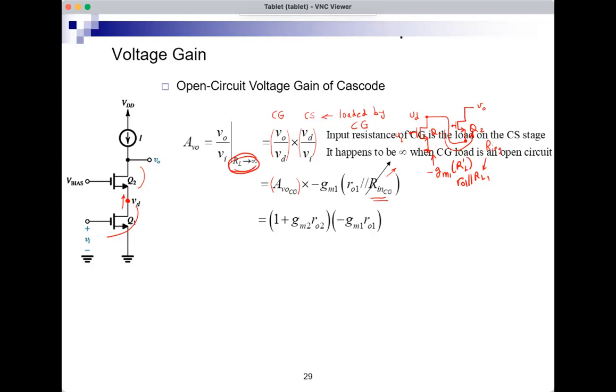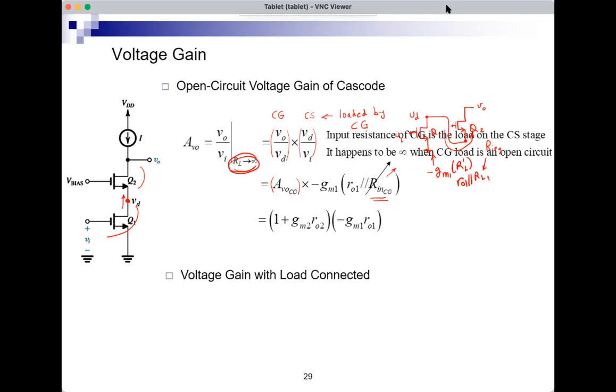And this is an interesting result, because we know that GM RO for a MOSFET is a large quantity. And now we're getting an open circuit voltage gain which is the product of two GM ROs. So if each is, say, 45, then the overall is around 2000. And that's a nice open circuit voltage gain. So cascoding allows us to increase the gain.